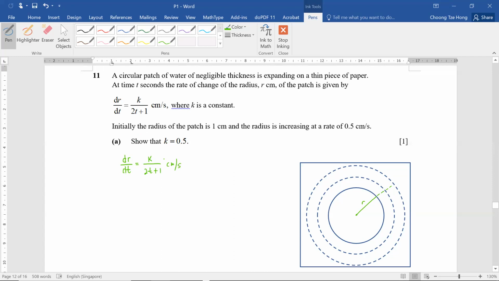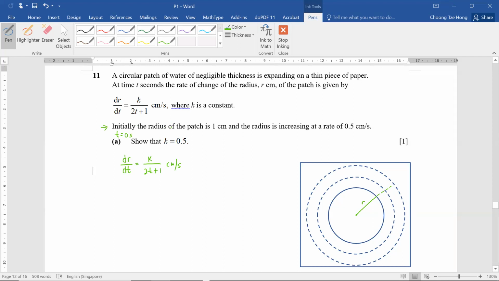In part A, they want us to show that k is 0.5, and they give us some info. Initially the radius of the patch is 1 cm. Initially means when the time of this scenario is 0 seconds.